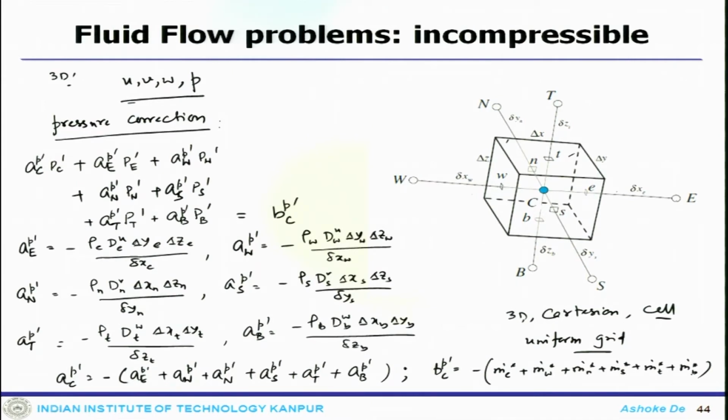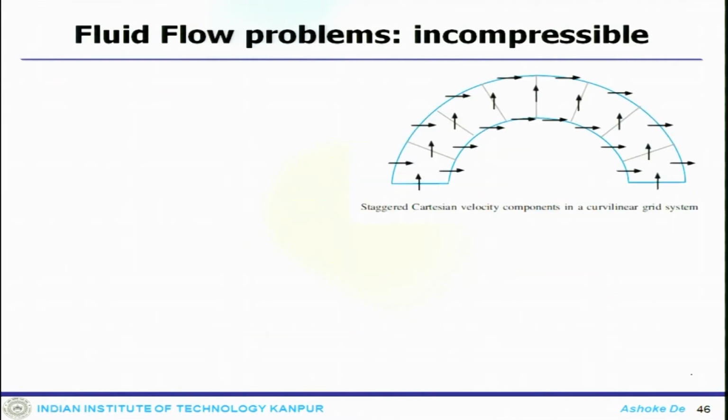But if you go down to a non-Cartesian system, for example, in this kind of geometry where there is a U kind of bend, this is a curvilinear grid system and the velocity fields are stored in staggered arrangement, and this will be our cell center.